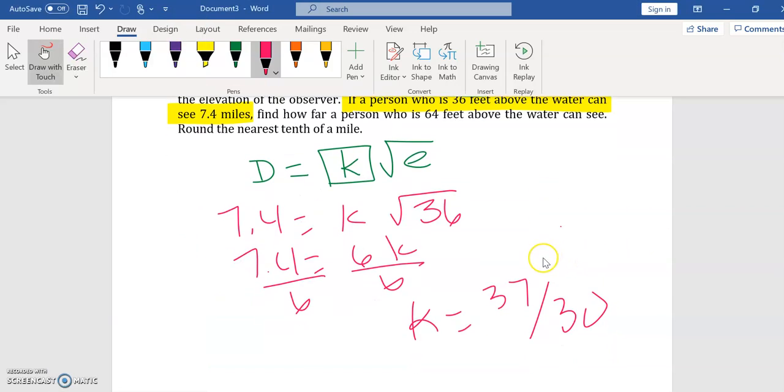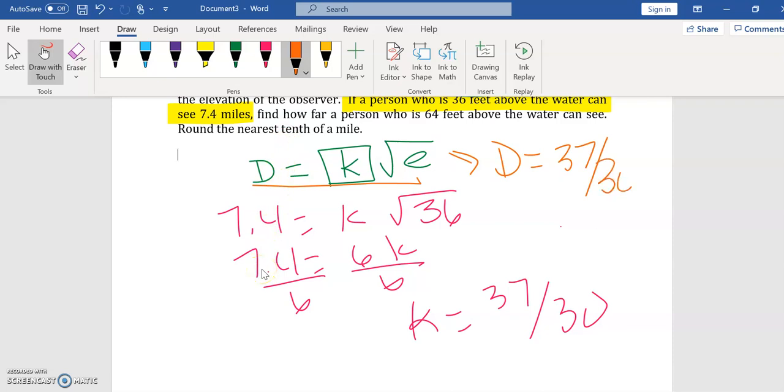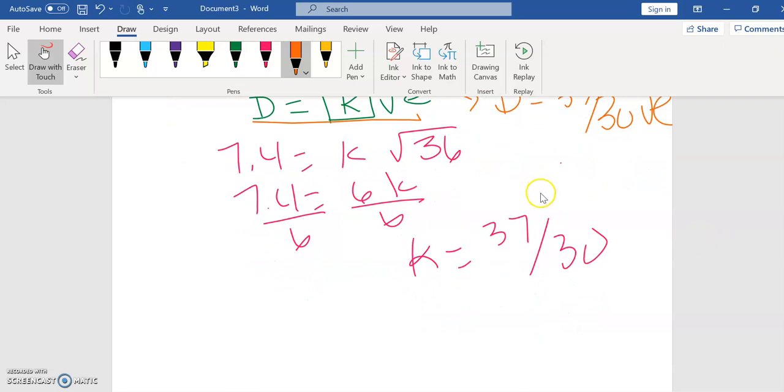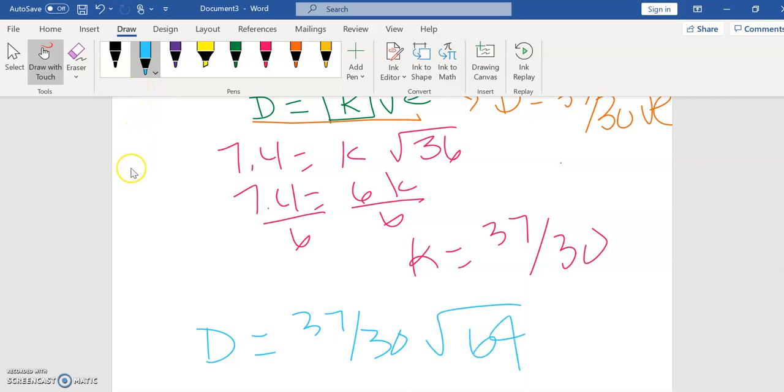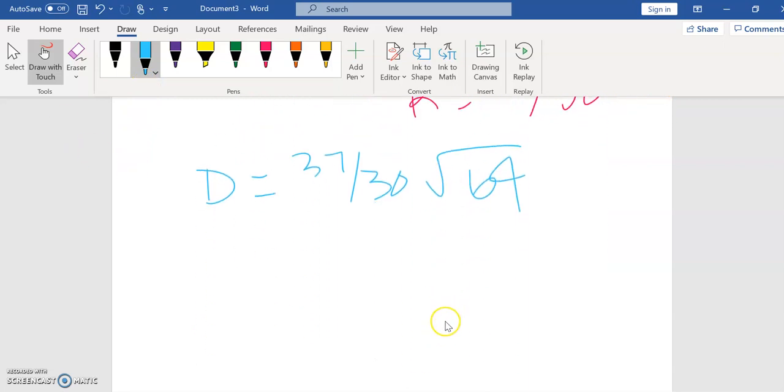Now, our next question. What we've done is we've changed this into this. Okay, we figured out what k is. Now, given this situation, they want to know the distance if they're 64 feet above. And the square root of 64 is 8, so this is 37/30ths times 8.